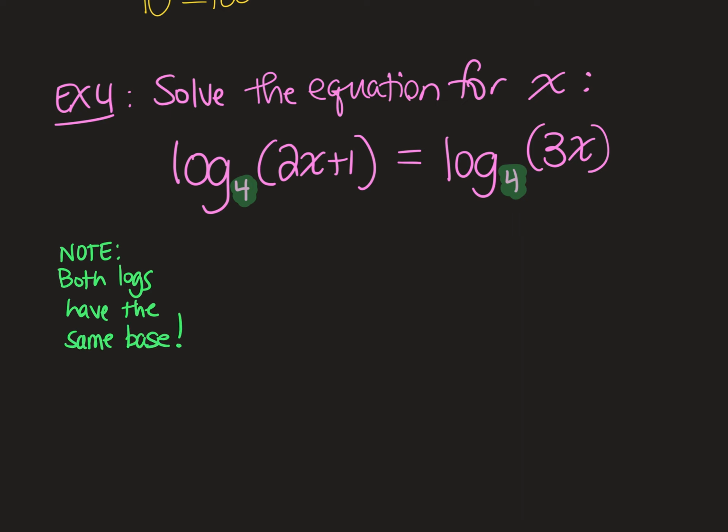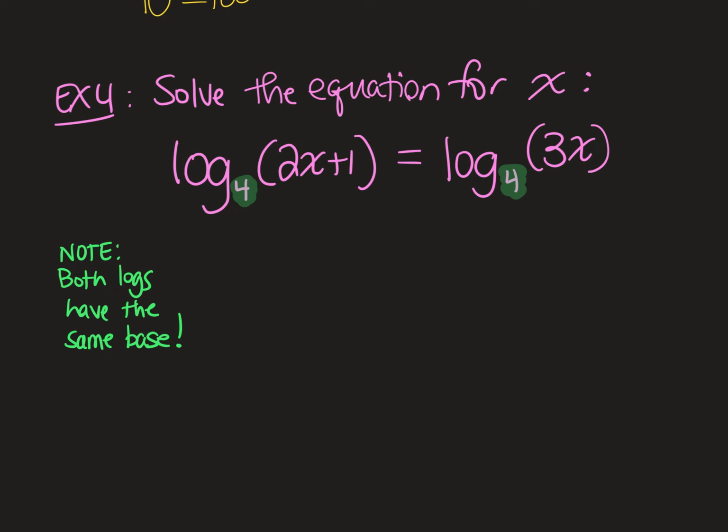If they didn't have the same base, there would be nothing we could do with this. We couldn't really move forward. But because they have the same base, we have one logarithm set equal to another logarithm. Bases are the same. So what do you think has to be true about what we're taking the logarithm of?